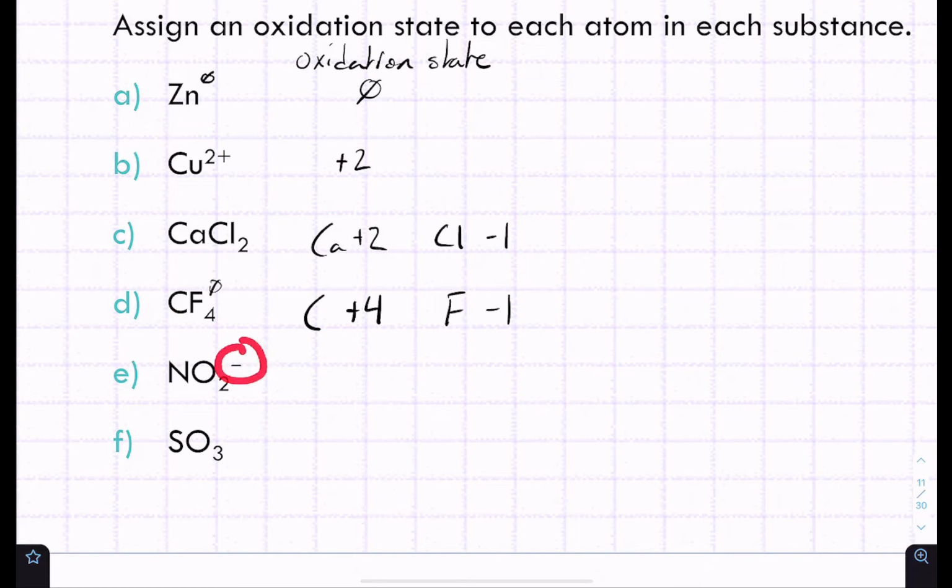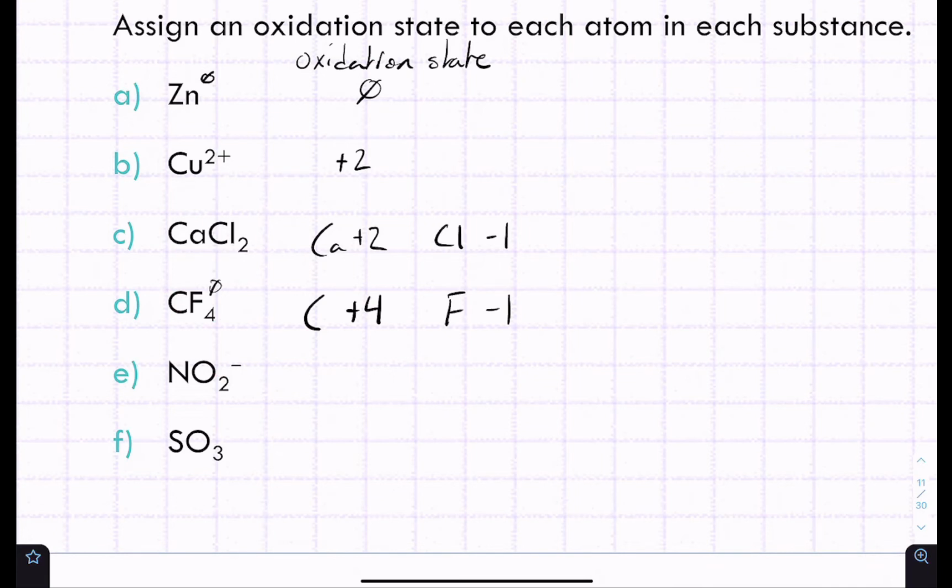They have to add up to equal whatever the charge is on the molecule. So for nitrite, NO2 minus, the oxidation states for oxygen plus nitrogen are going to have to add up to -1. So what's the oxidation state for oxygen? -2.